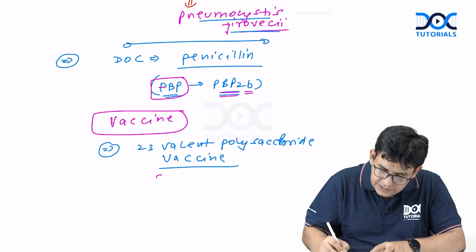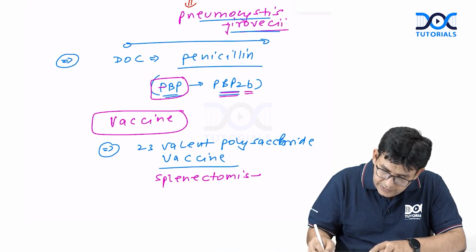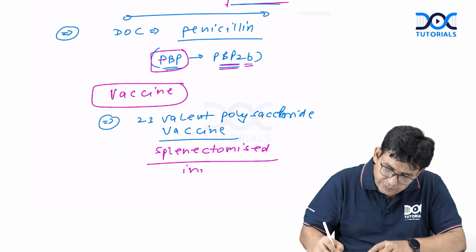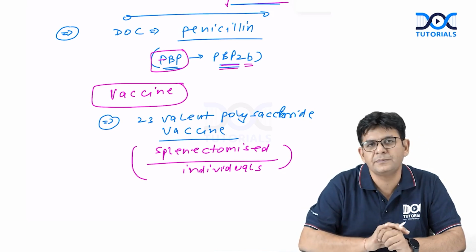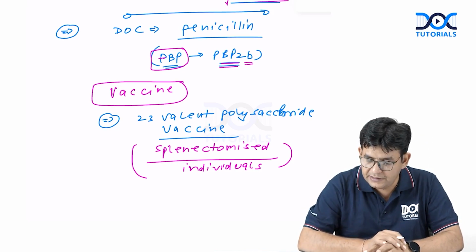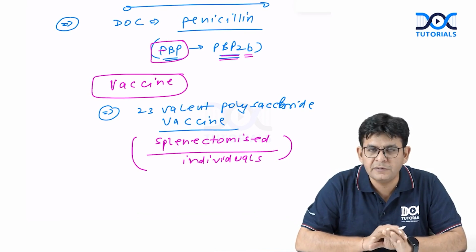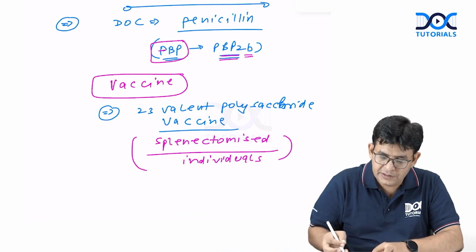It is given to splenectomized individuals, because whenever the spleen is removed, they become more prone to capsulated organisms, and one of the common infections is pneumococcus. That's why you need to give this vaccine to splenectomized individuals.